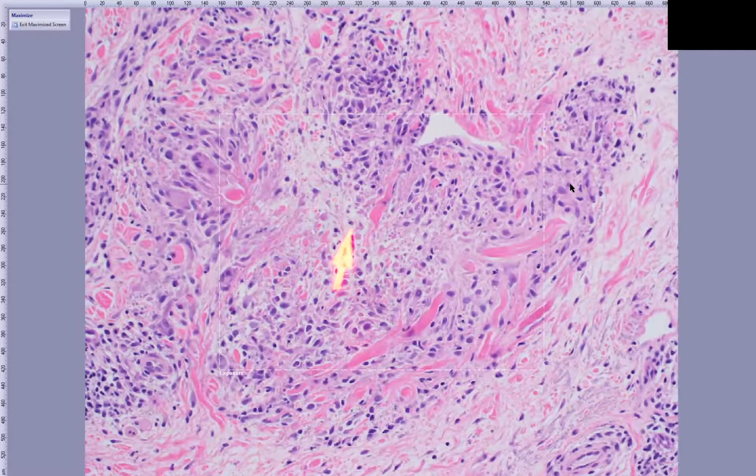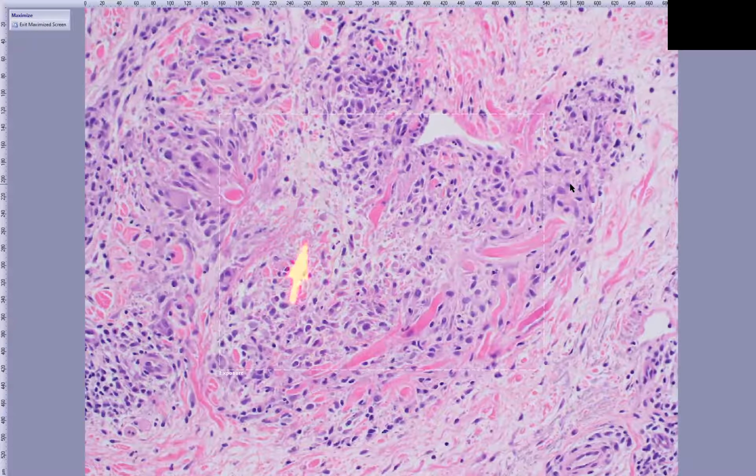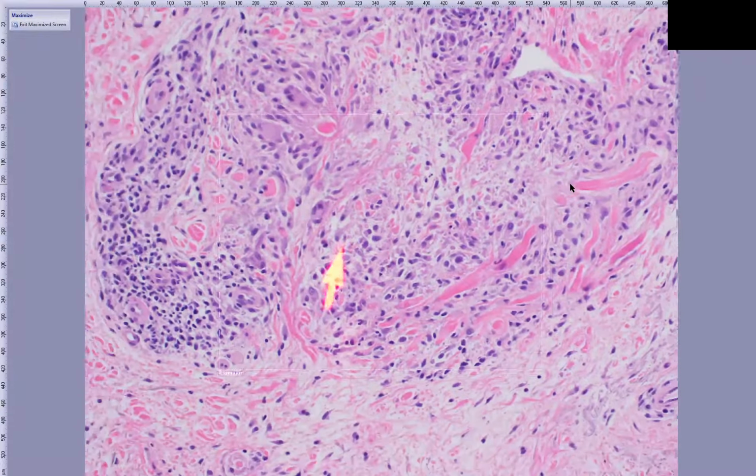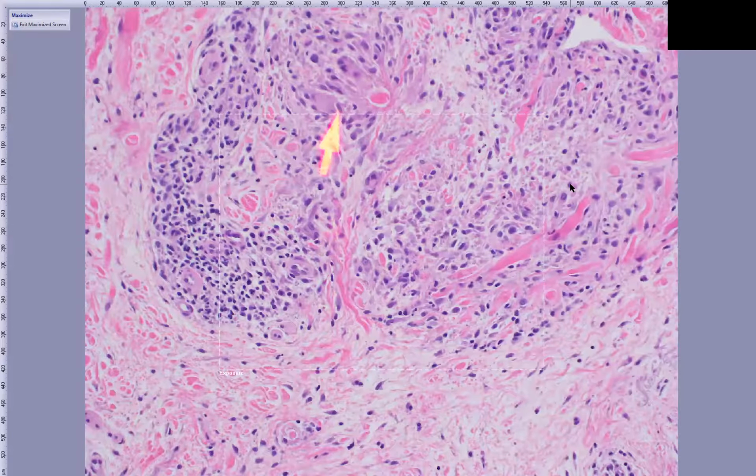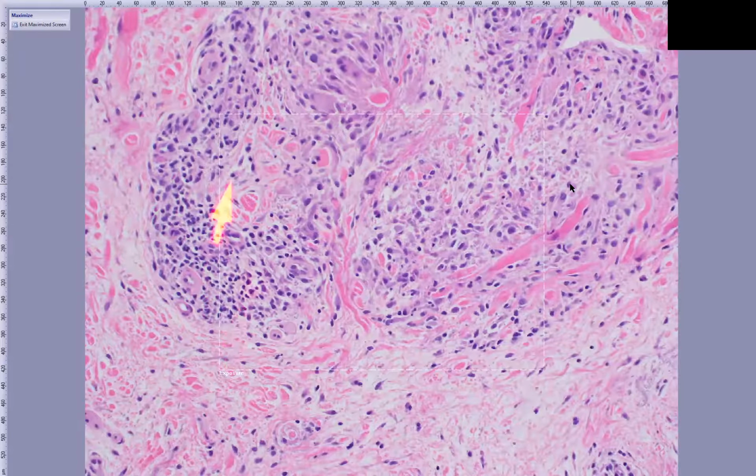And if you were to get a mucin stain, you would be able to highlight mucin deposition centrally. So we talk about blue granulomas with GA, the blue referring to the blue coloration of the mucin. Here's a tiny palisade here with a little bit of collagen degeneration centrally.